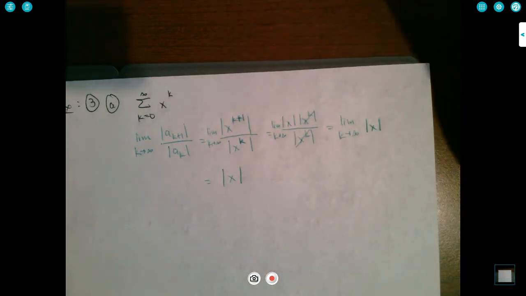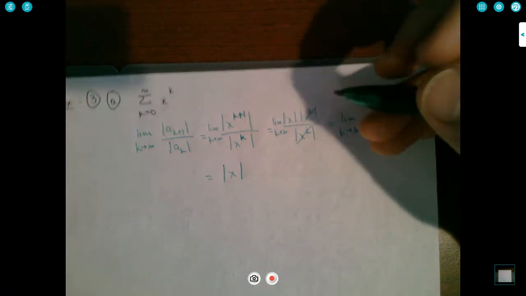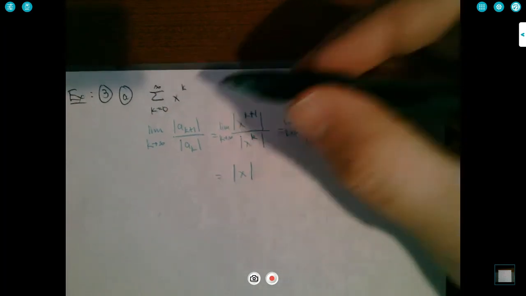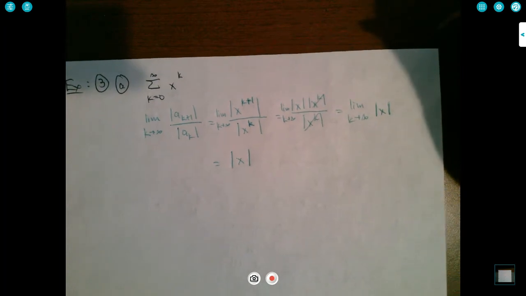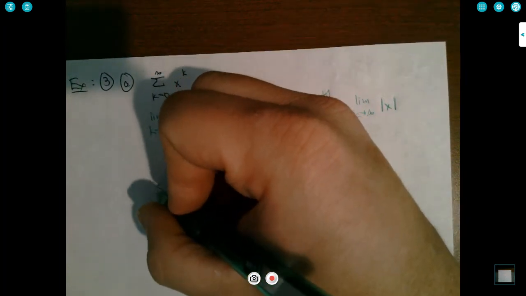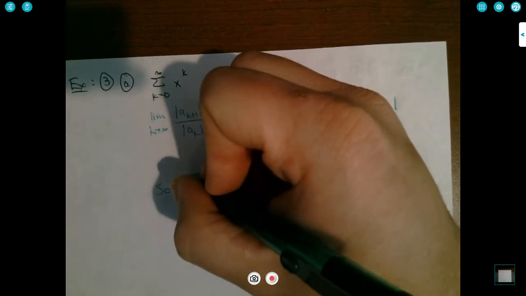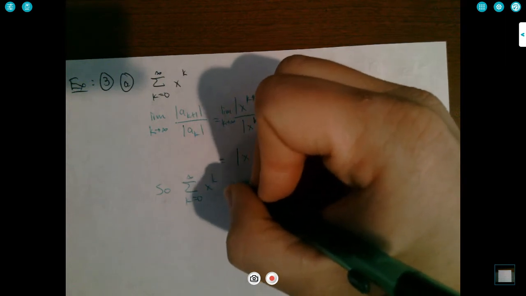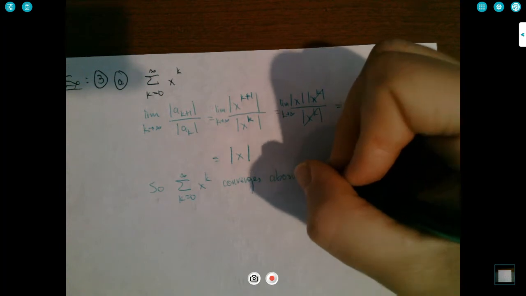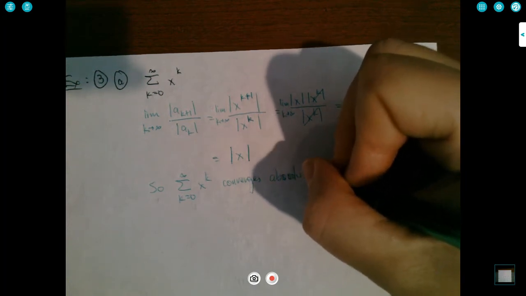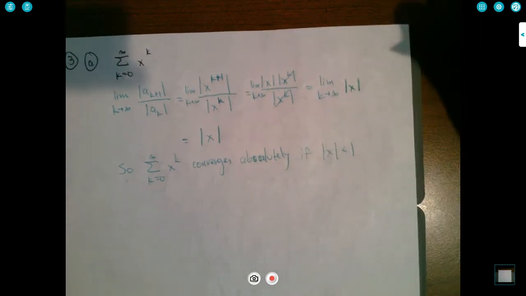And so when we apply this test, in order for this thing to converge, we need this thing to be less than 1. So this series converges absolutely if the absolute value of x is less than 1.